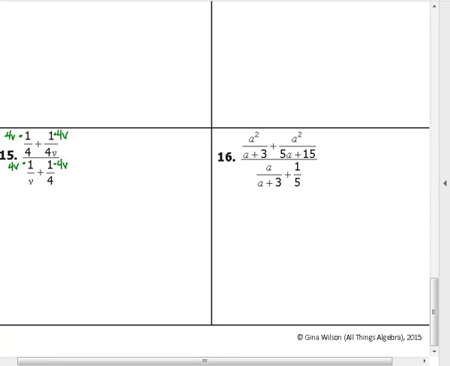Now, my goal here is that I'm getting rid of all of what I call little denominators. Because if I look at this first piece, 4b times 1 over 4, I can cancel the 4, so all I'm left with there is b. Plus, for the second one in the numerator, the 4b's cancel, so I'm just left with the 1.